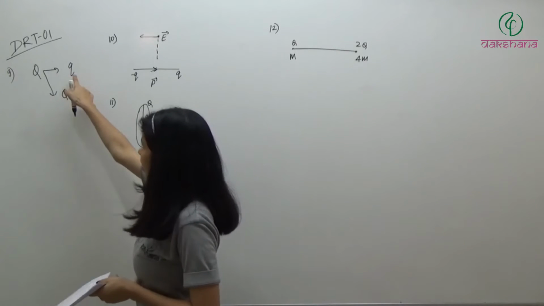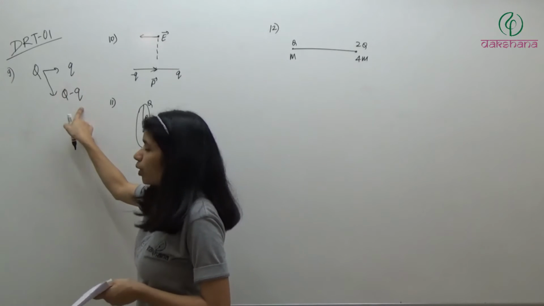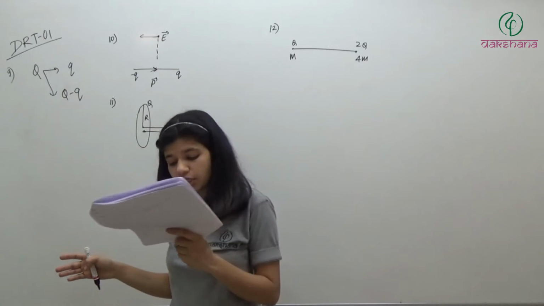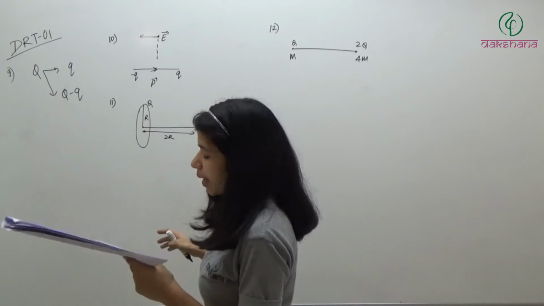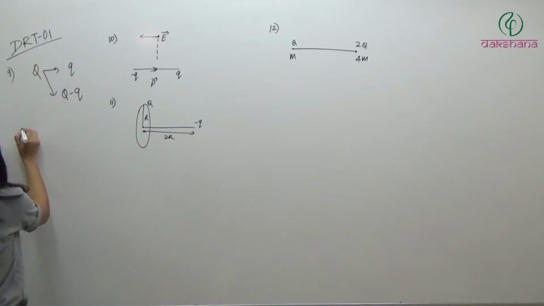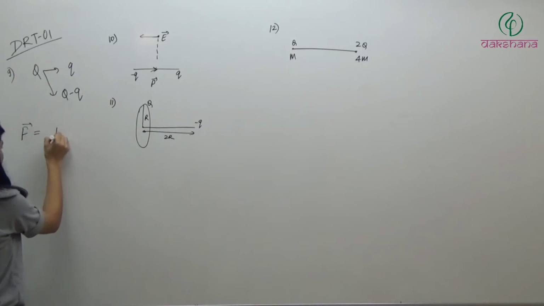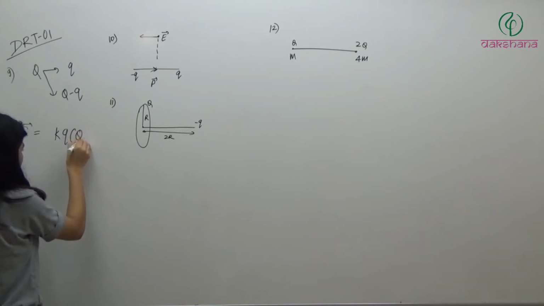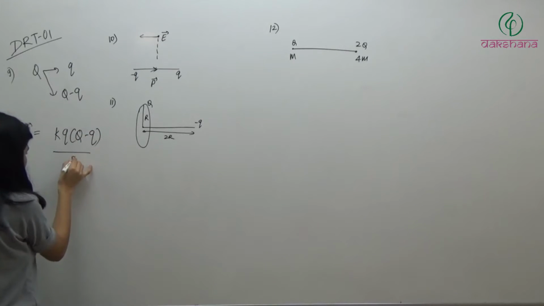So we have divided it into q and Q minus q and kept them at a separation of capital R. The force of repulsion between them will be maximum when? So what will be the force? Force will be equal to K q (Q minus q) divided by R square.